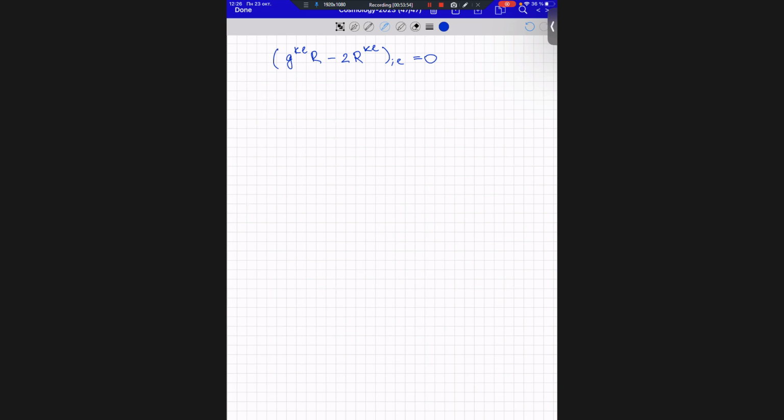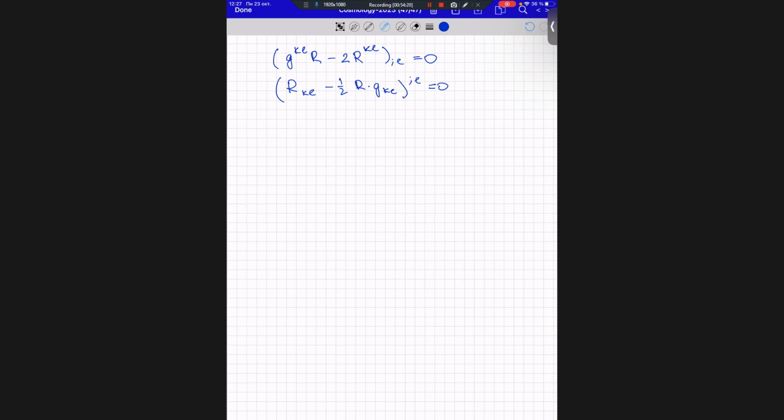We can also write this another way in a covariant form and multiply by minus 2. This is the same, so it's also right.